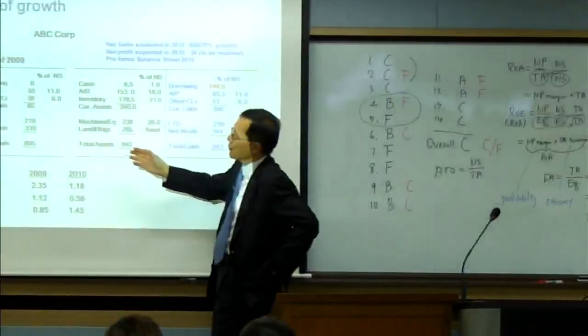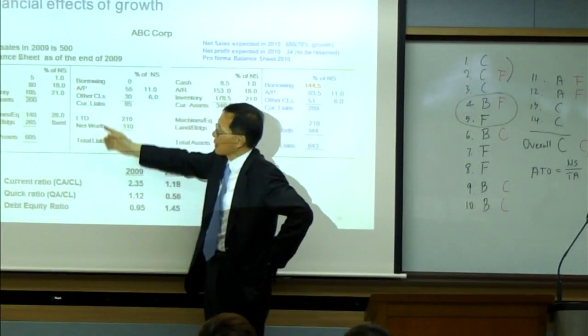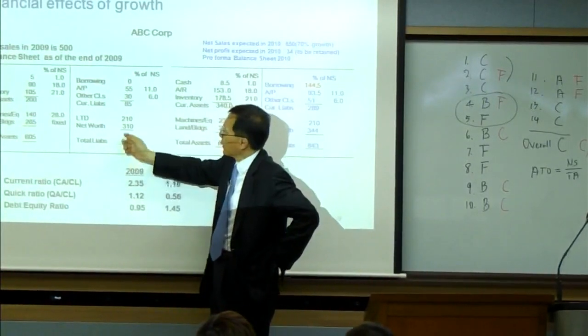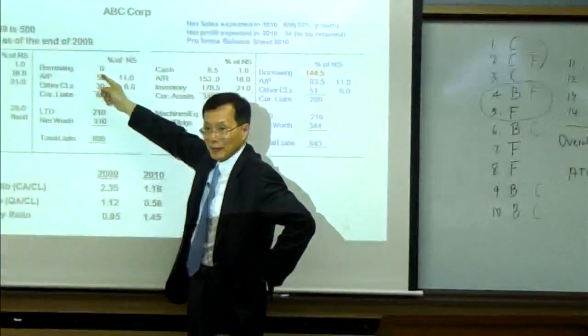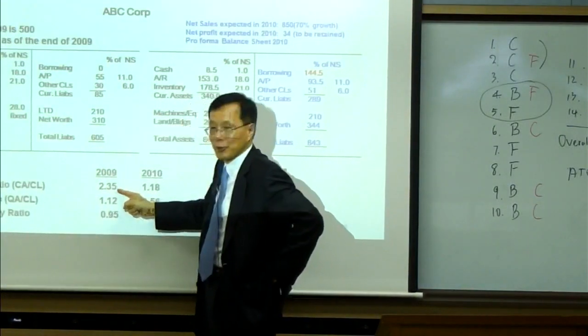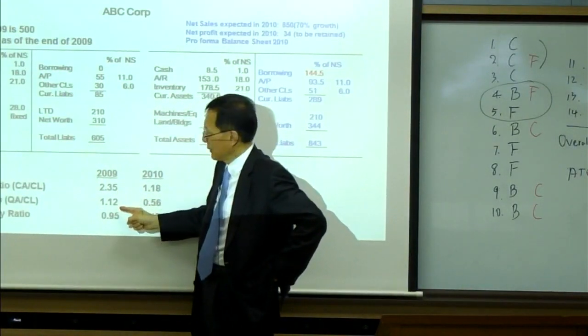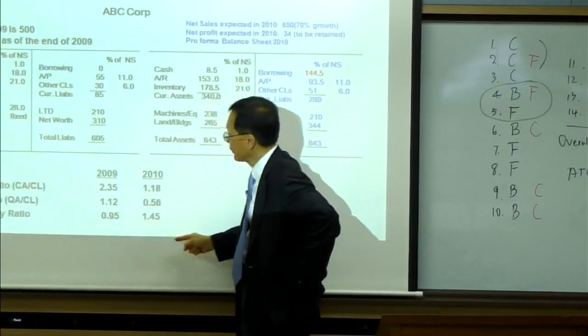ABC Corporation's balance sheet for year 2009 is given. The company has no borrowing, very safe. Cash position is 2.35, not bad. Quick ratio is very good. Debt to equity ratio is very good.